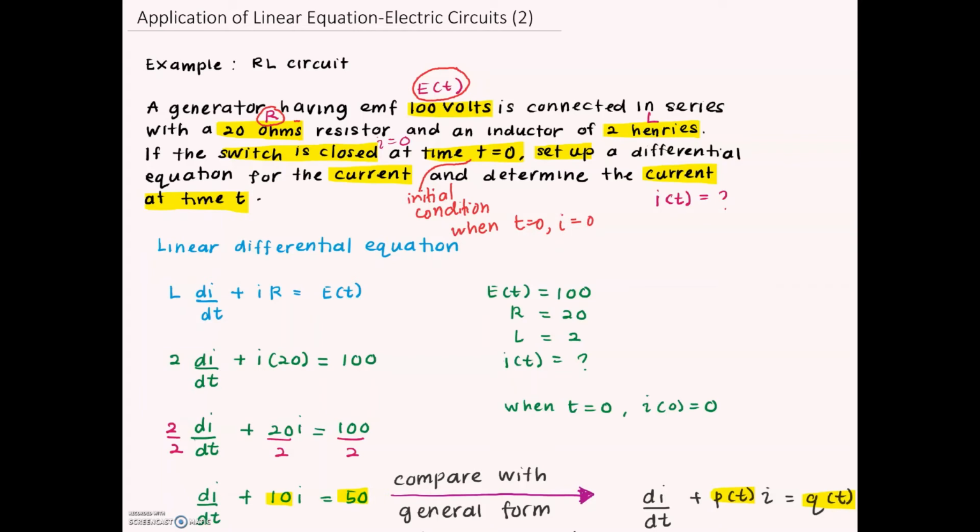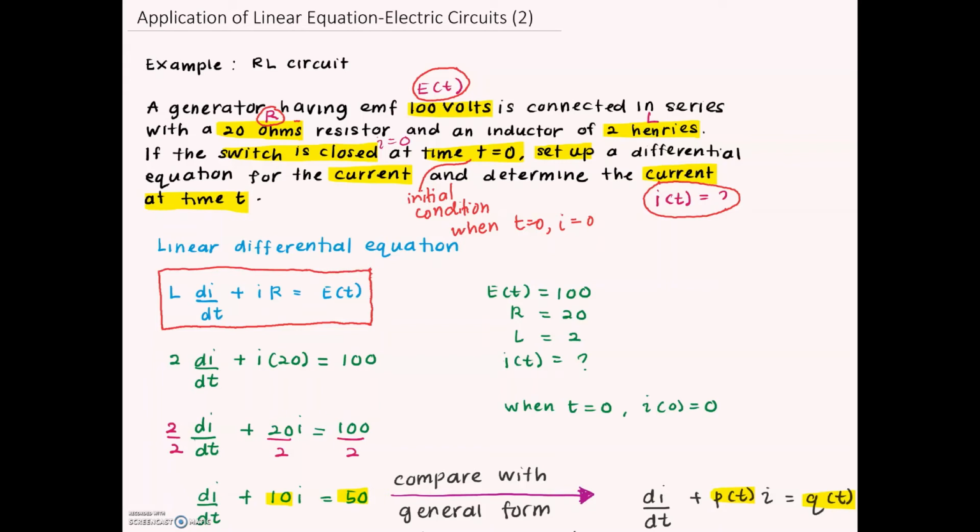Then we need to set up a differential equation for the current. The current means we want to find I(t), that is, I in terms of t, and determine the current at time t. The linear differential equation is L di/dt plus IR equals E(t). Just substitute all the values for each term.